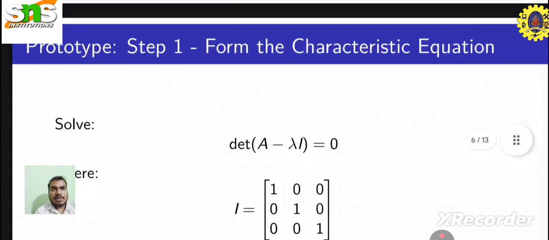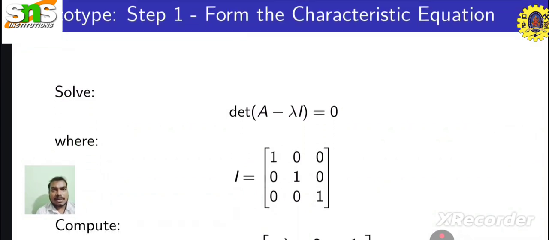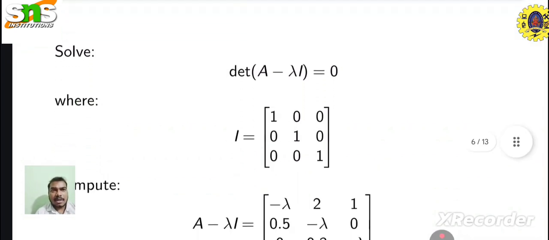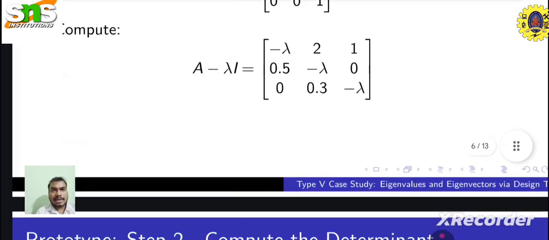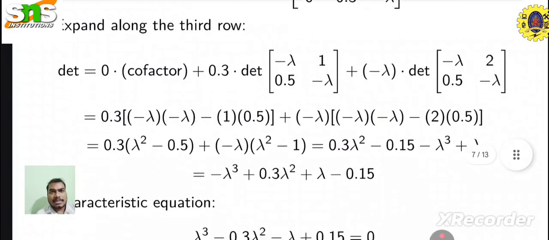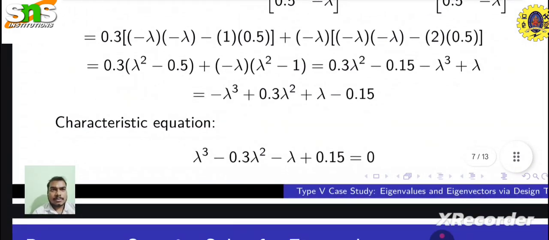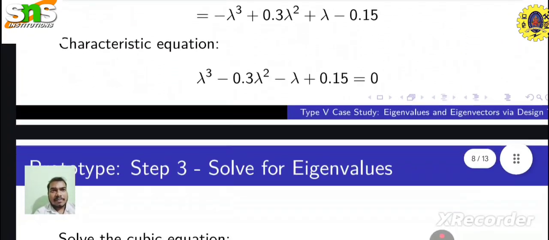Prototype. Step 1: form the characteristic equation, the determinant of A minus lambda I equal to 0. To compute A minus lambda I, we take the determinant of A minus lambda I equal to 0 and we get the lambda values.